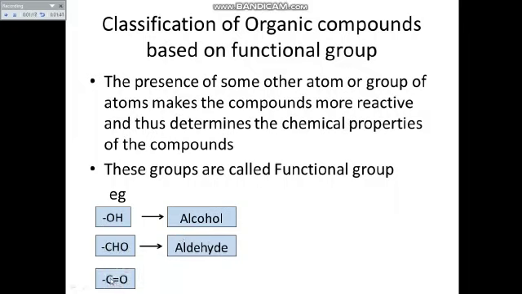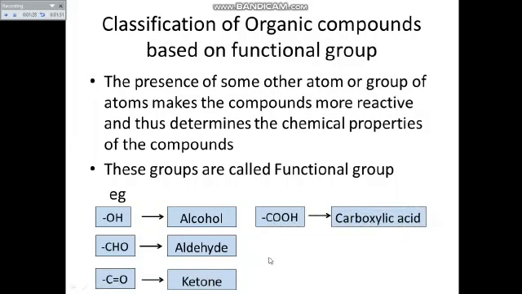The same, C double bond O: this group present means that is called ketone. And then COOH is called carboxylic acid. And then O with one alkyl group on each side: any two alkyl groups bonded with oxygen is called ether.